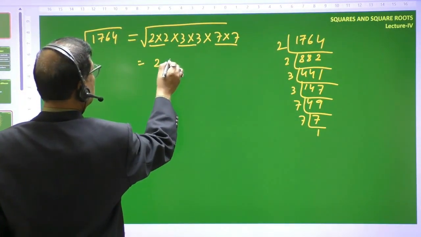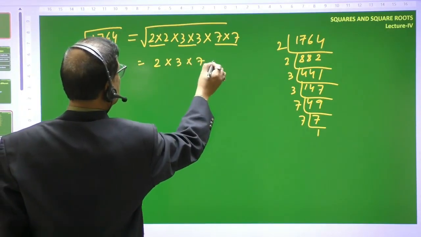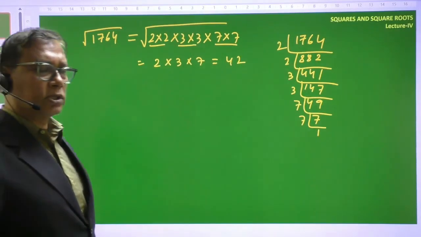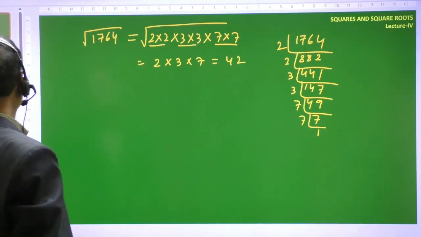That means 2 into 3 into 7, that is 42, is the square root value. So this is the prime factorization method.